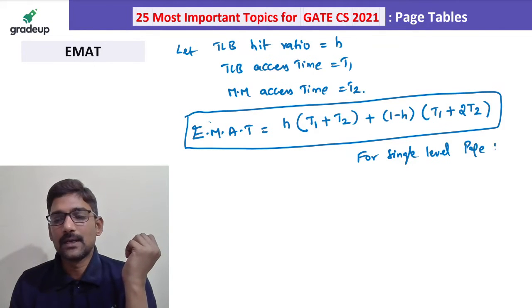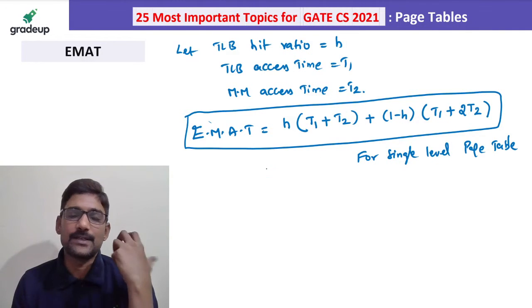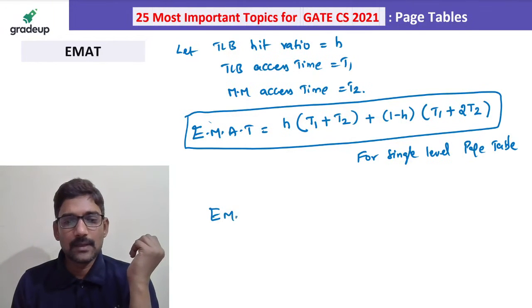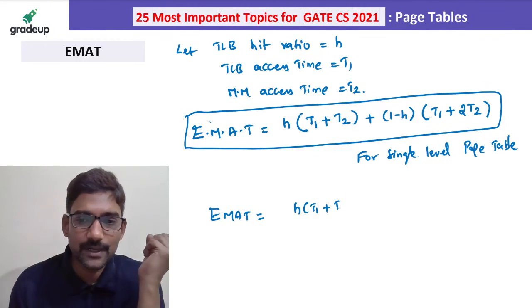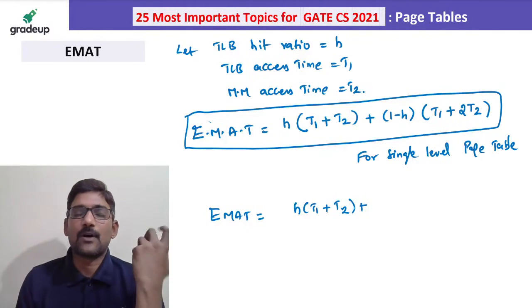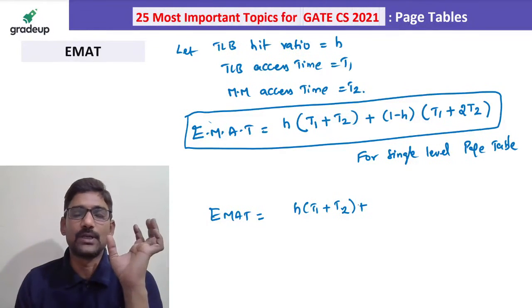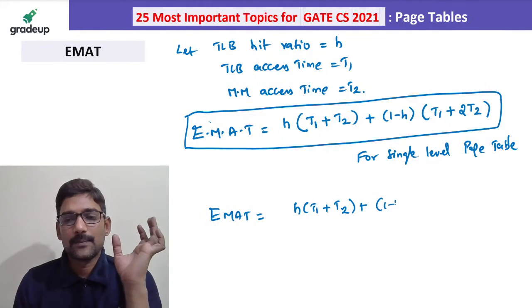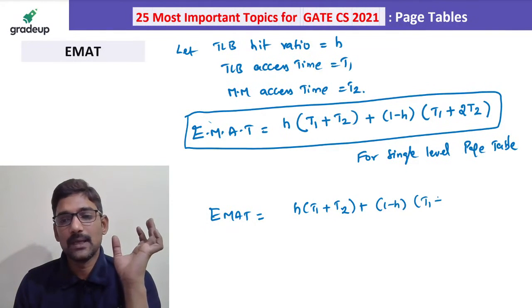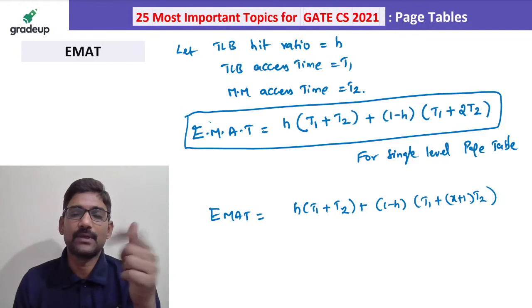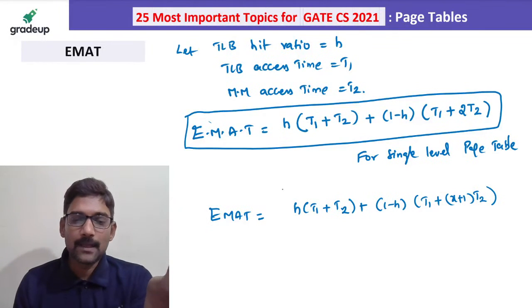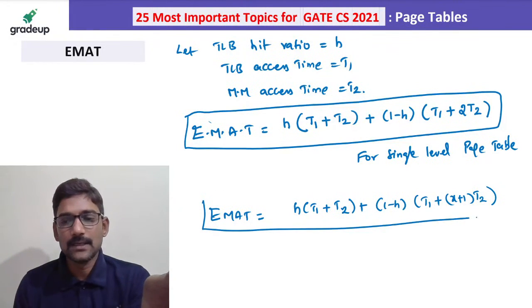If you are taking X levels of page tables, then that is T1 plus how many times T2? On hit only one time. On miss, this would be X plus 1 into T2. Because X times you will be referring to main memory for the page tables, and the last time you will access the page.